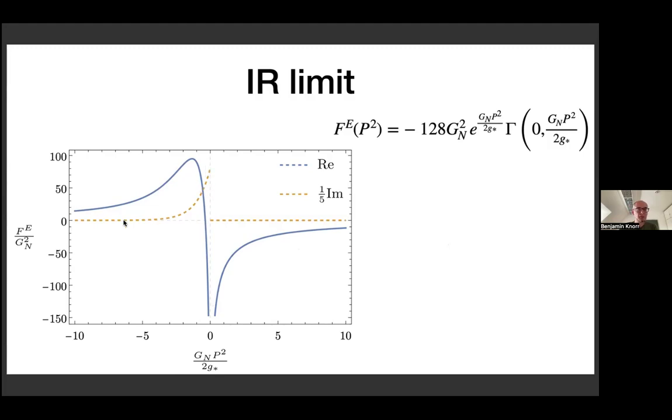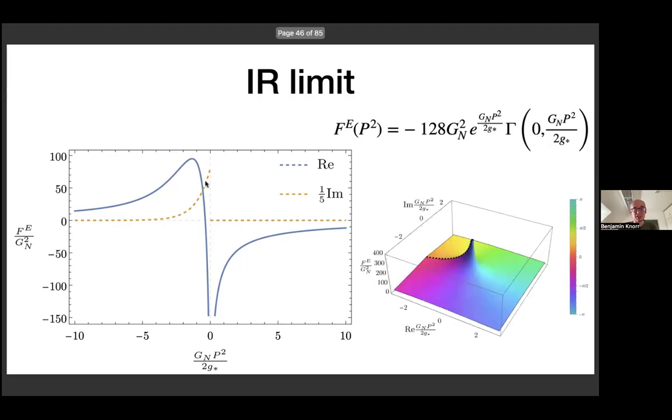In the negative p squared branch, you also see a 1 over p squared fall off, but you see a branch cut here, so a finite imaginary part. And I'm saying branch cut because really, if you look now at the complex structure, the function in the entire complex plane looks like this. So the color code is really the phase of the form factor, goes from minus pi to pi. And then the size here, the z-axis, is the absolute value of the form factor in Planck units.